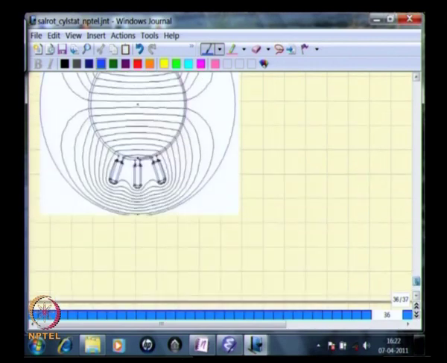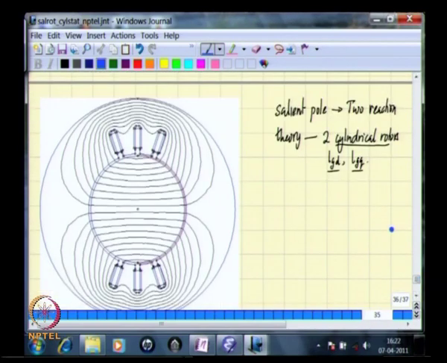If you want to evaluate H, you would take an Amperian loop and apply Ampere's rule, which says that the integral of H dot dl around a closed loop is equal to the number of turns multiplied by the current enclosed by that loop.